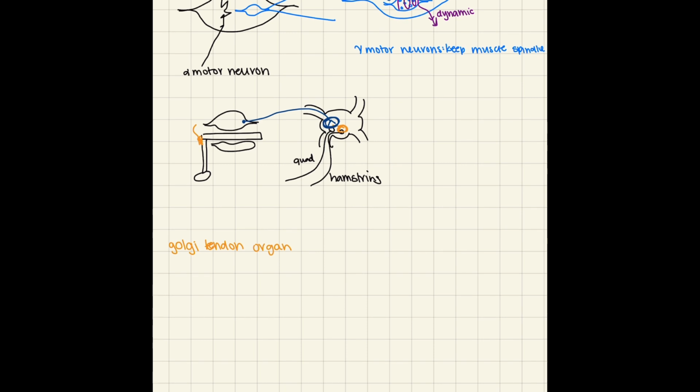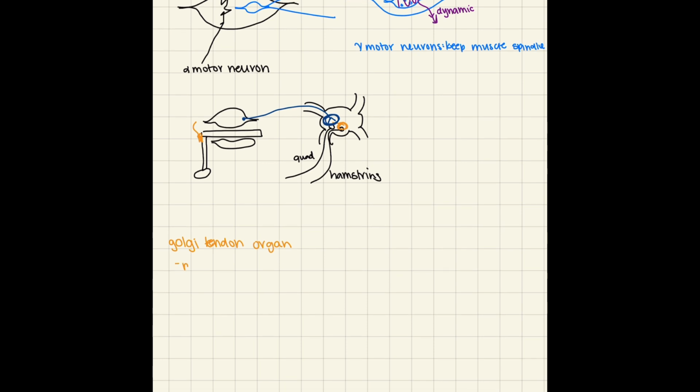This receptor is a proprioceptor. That's what it's called. And it helps to tell us about, like I said, the tension on a muscle or a tendon.